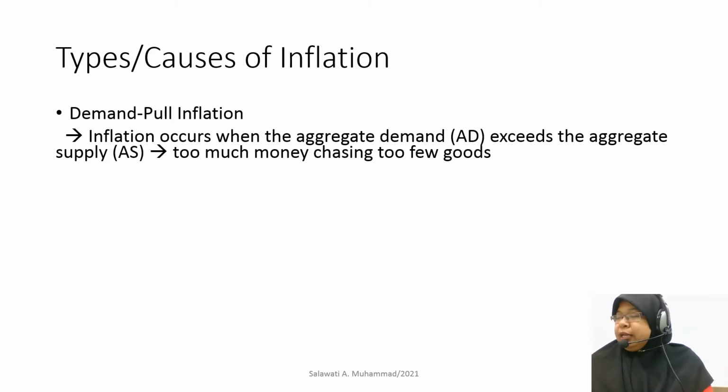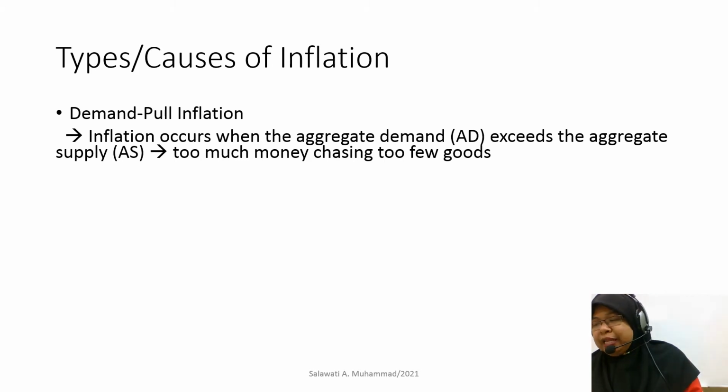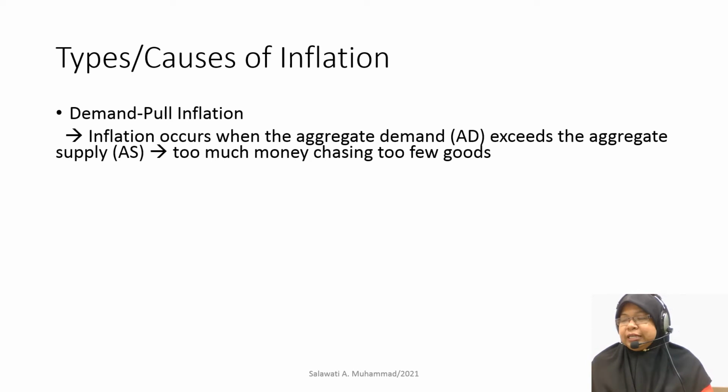It is caused by a rise in AD, which may be due to a rise in consumer demand or an increase in the level of government expenditure or a rise in investment by firms or an increase in demand for the country's export by people in foreign countries or a combination of the four.